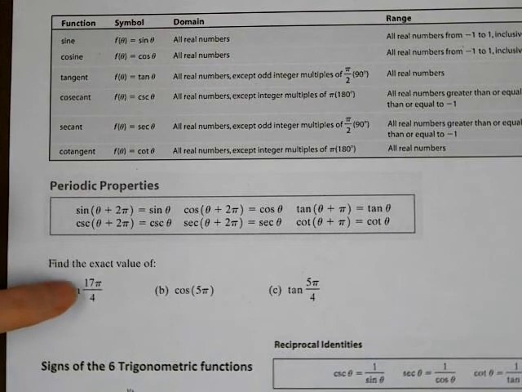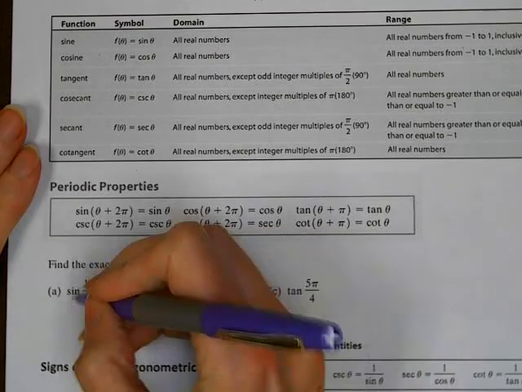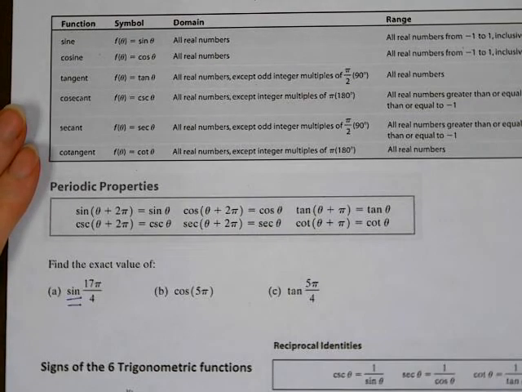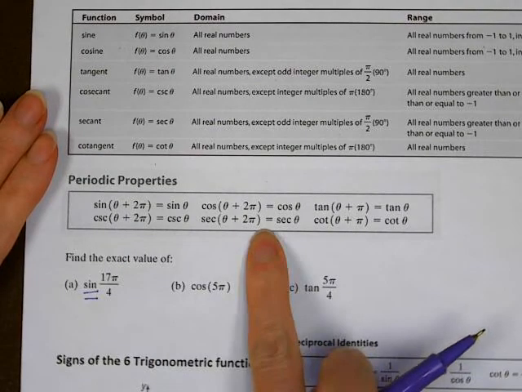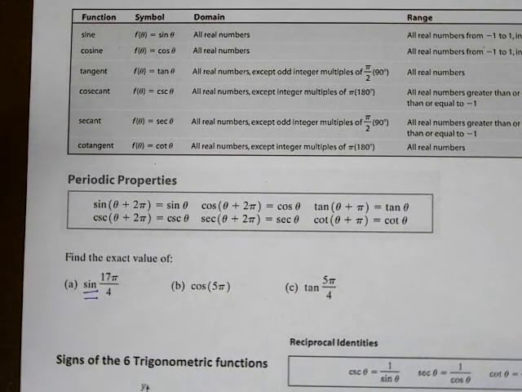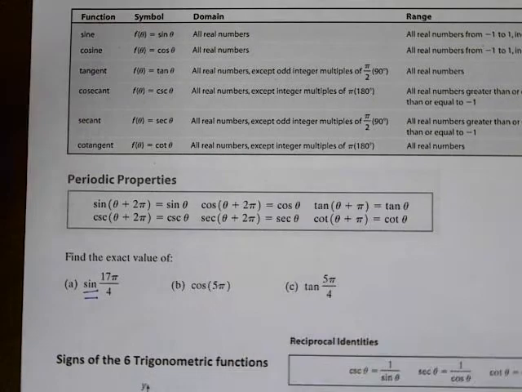So when you have some angle that you can't actually visualize on the unit circle, here is a trick. If it's sine or cosine or secant or cosecant, you could keep subtracting 2 pi and then see where it would really land. I'll show you a couple ways to do this one.